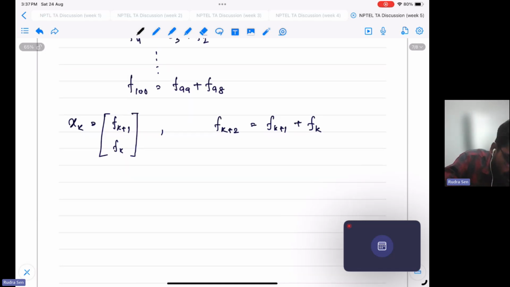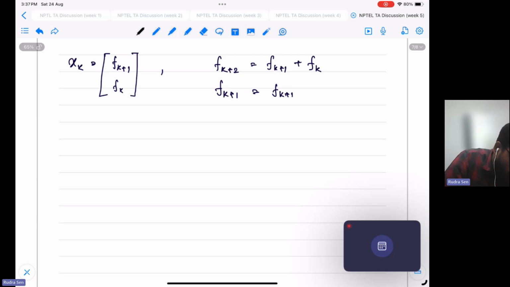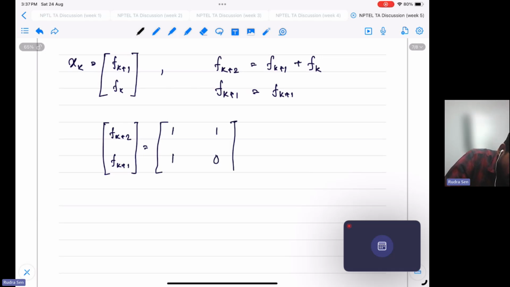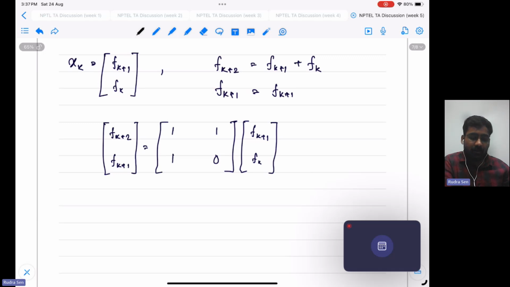And the next term is f(k+1) equals f(k+1). So what we get is f(k+2), f(k+1) equals the matrix [1 1; 1 0] times f(k+1), f(k).